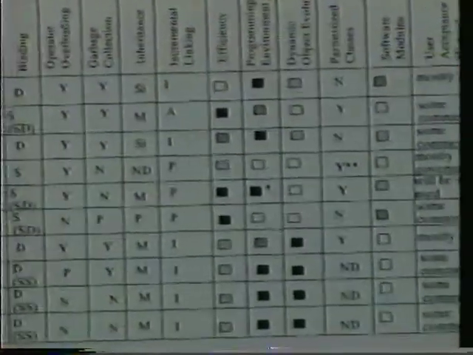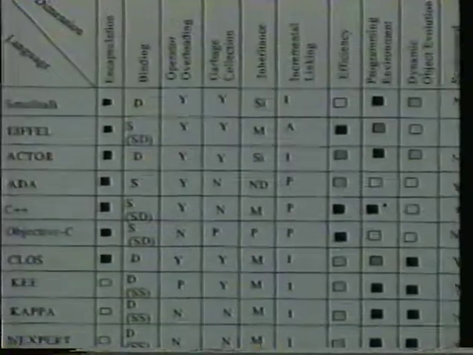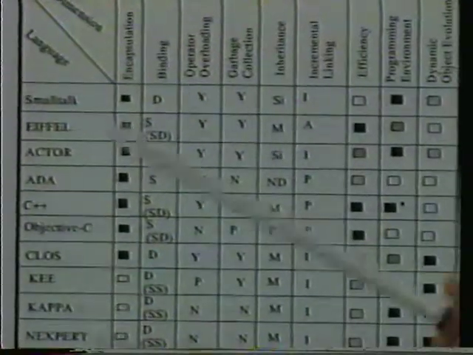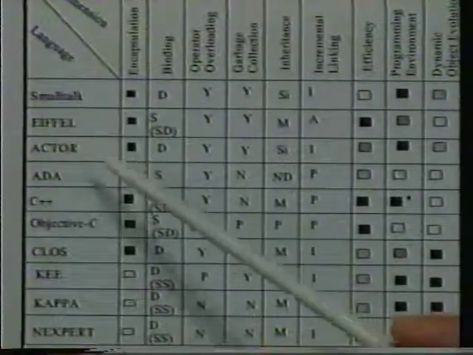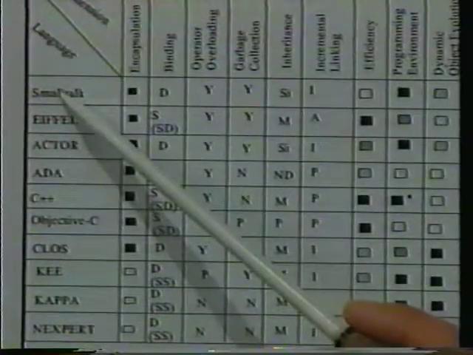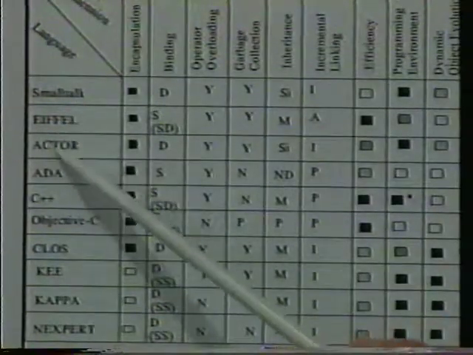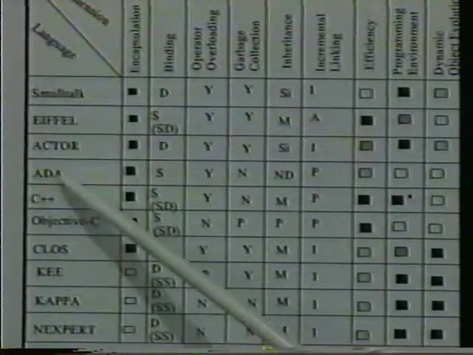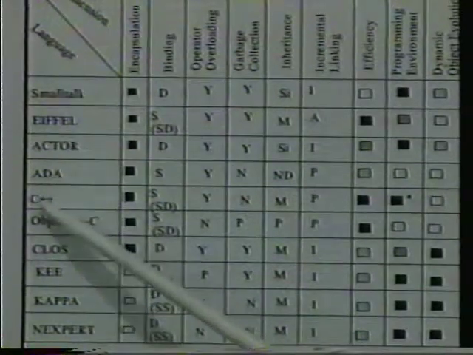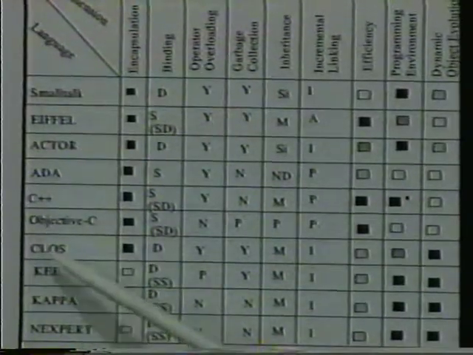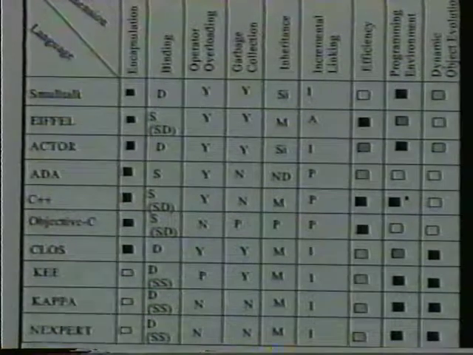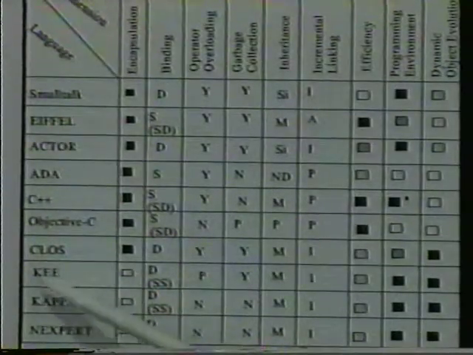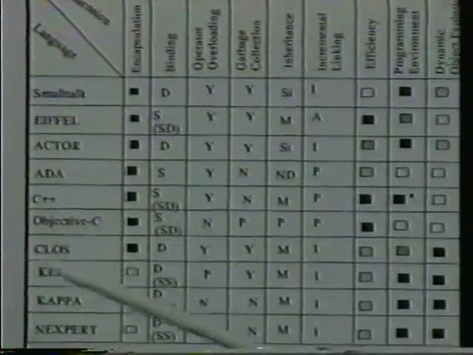So these are the various features that we will look into, and in the column I have the various languages. The pure languages such as Smalltalk 80, Eiffel, Actor, and mixed languages such as Ada, C++, Objective-C, Lisp-based languages such as Class, and a number of expert system tools such as Key, Kappa, or NXpert.